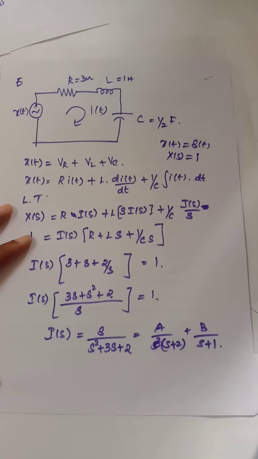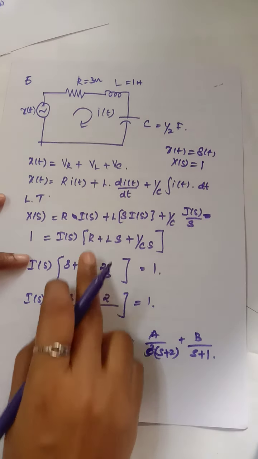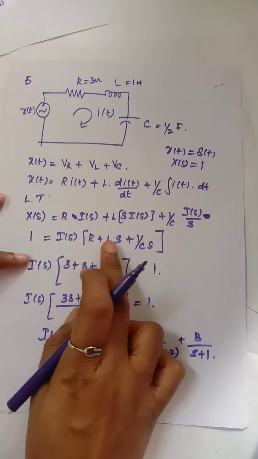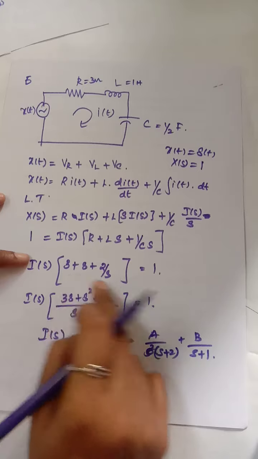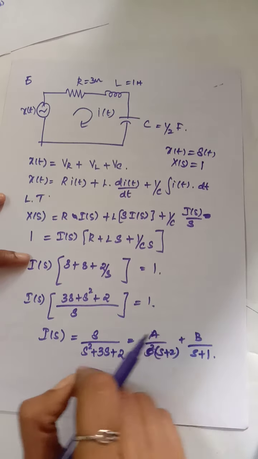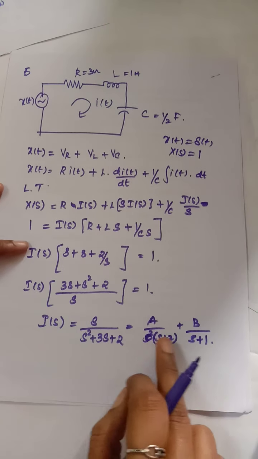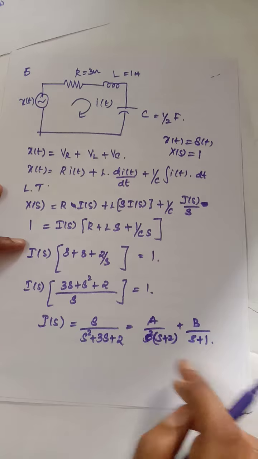Okay. So here, applying these values, our resistance R is 3, L is 1 and C is 1 by 2, so I am getting 2 by s, and taking the LCM and simplifying, in the denominator you will get s square plus 3s plus 2, which I am writing in partial fractions as A by s plus 2 plus B by s plus 1.